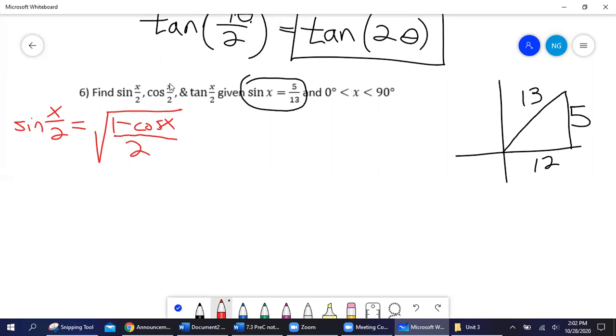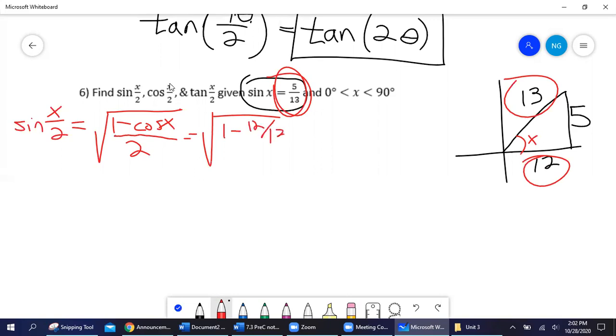Remember, this 5/13 was for the angle x, not for the angle x over 2. So the cosine of x is 12 over 13. So this would be inside of the square root, 1 minus 12 over 13 all over 2.